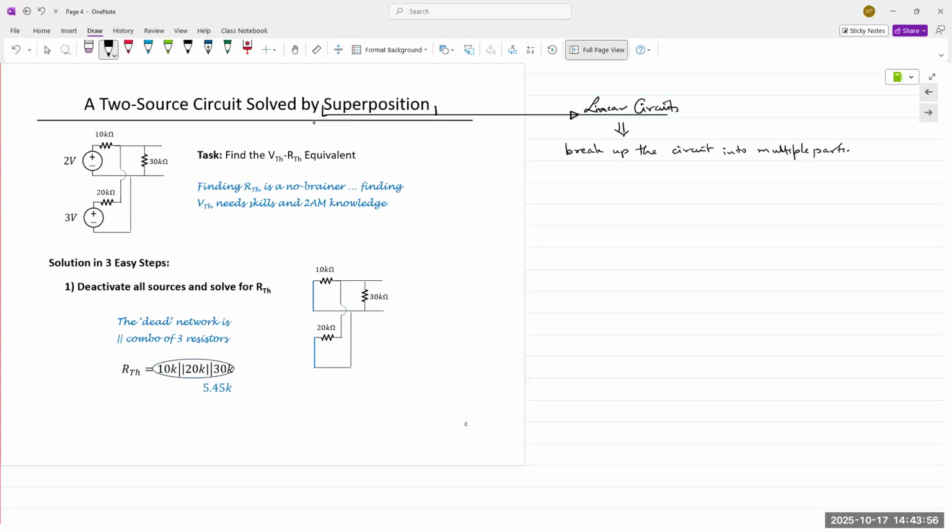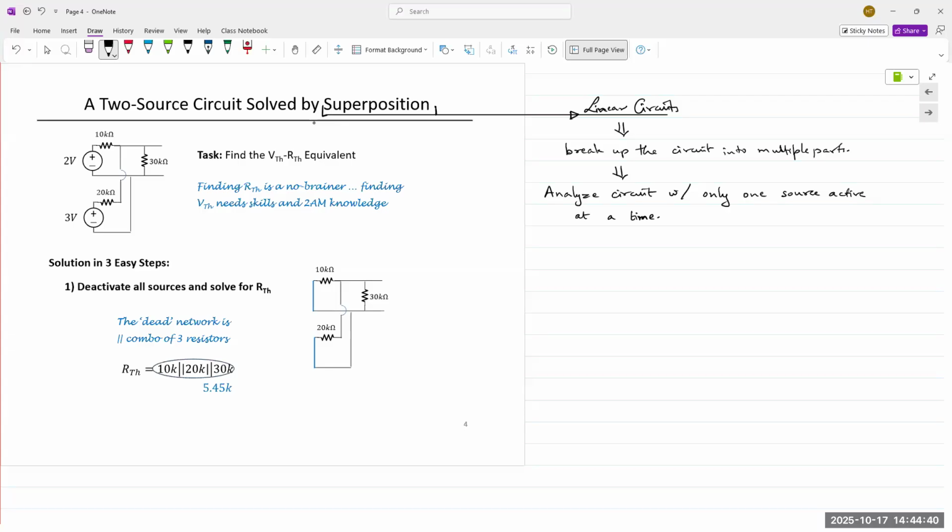The only thing we are dealing with is the individual sources in the circuit. So we analyze the circuit with only one source active at a time.